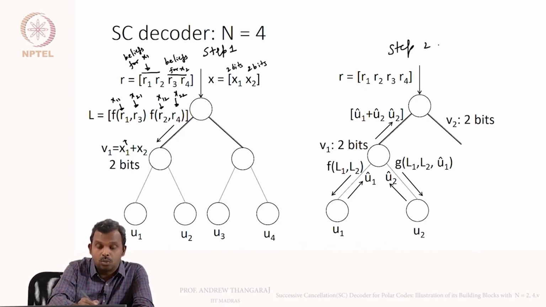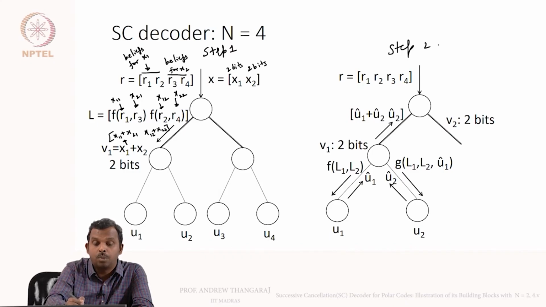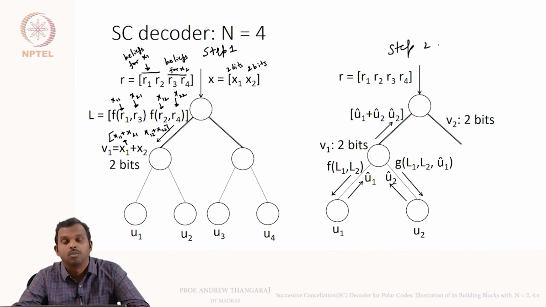This is X11 plus X21, and then X12 plus X22. So X11 plus X21, how do you find the belief for that? You do the min sum f of R1, R3. Then X12 plus X22, how do you find the belief for that? F of R2, R4. Okay, so that's it.